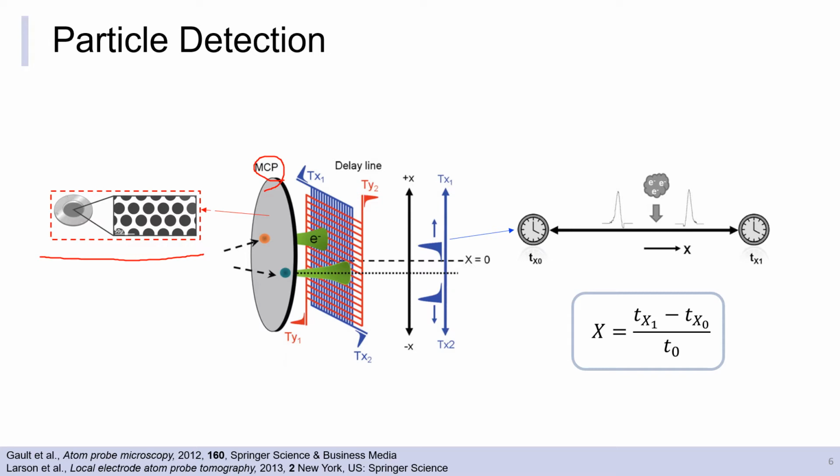The cloud of electrons propagates through the microchannels and hits the grid of wires, which is the cross delay line anode (DLA). When the electron cloud hits the grid, two electrical signals are created and travel to the ends of the delay line like this. Detecting these signals, which arrive at different timings, enables the impact coordinate to be determined like this.